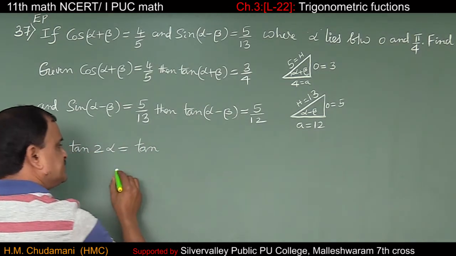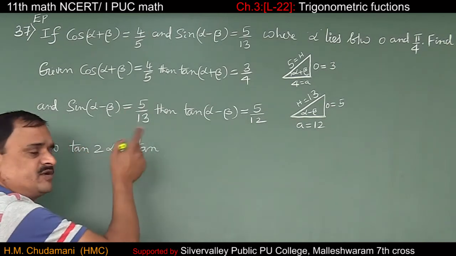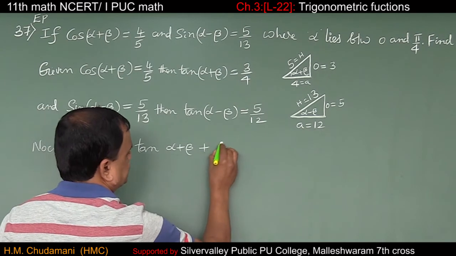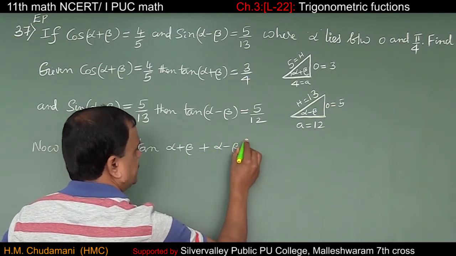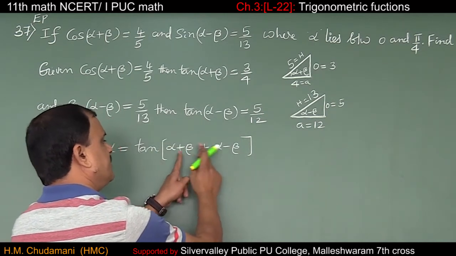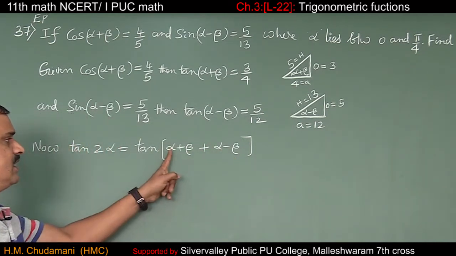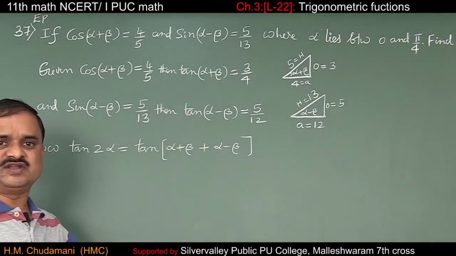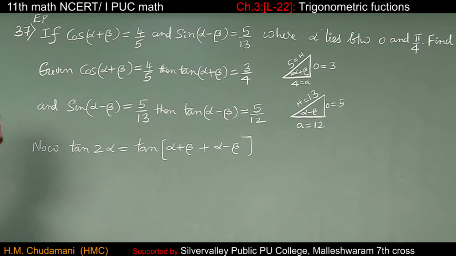I just express 2 alpha in terms of alpha and beta. Say this, alpha plus beta plus alpha minus beta. Please observe, minus beta plus beta gets cancelled. Alpha plus alpha is 2 alpha only.